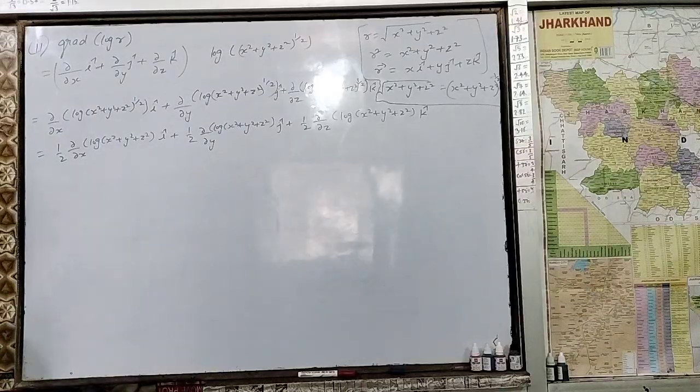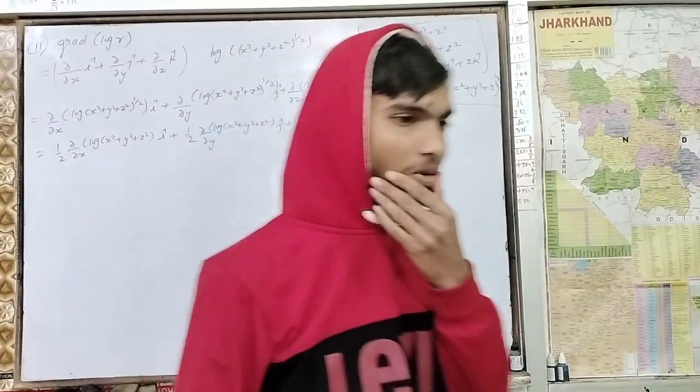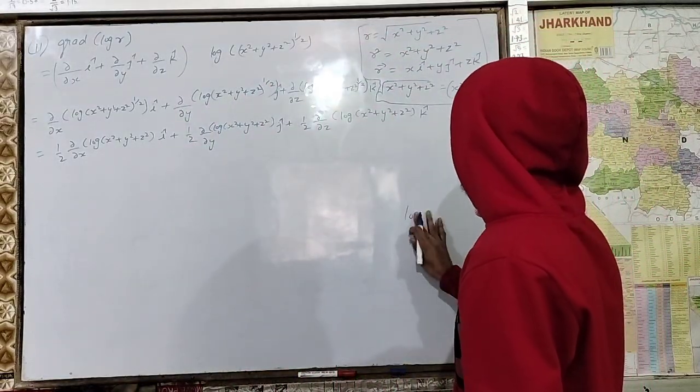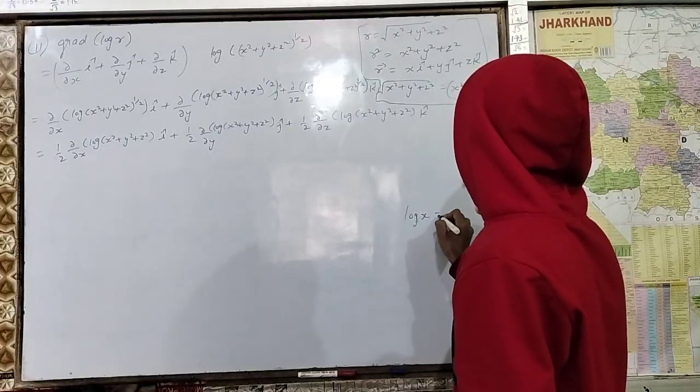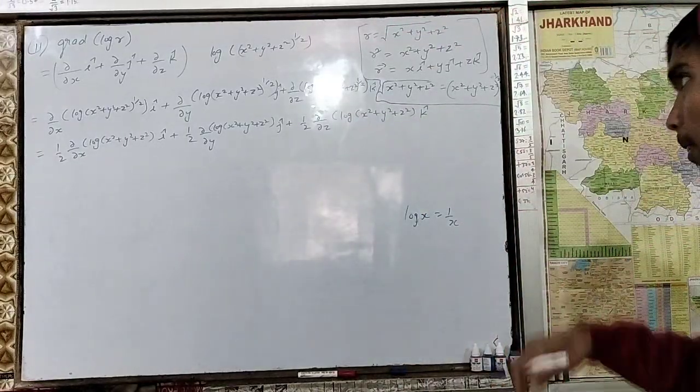2x. We will get 2x. Okay, and then we will differentiate this log x. So log differentiation of log x is what? 1 upon x. Remember, derivative of log x is equal to 1 upon x. 3 times we differentiated it.